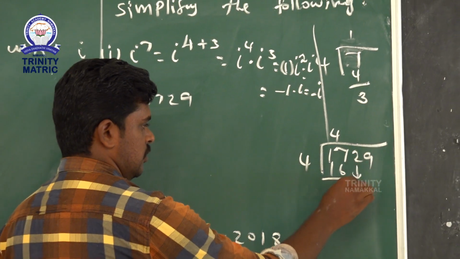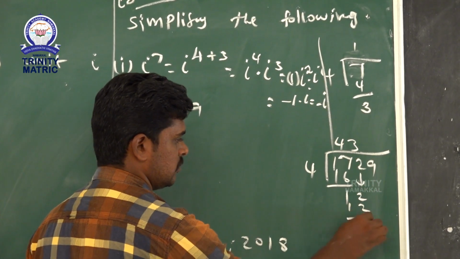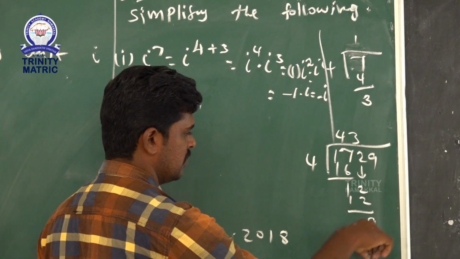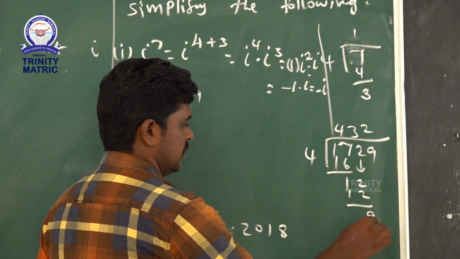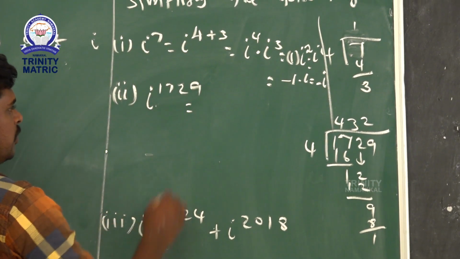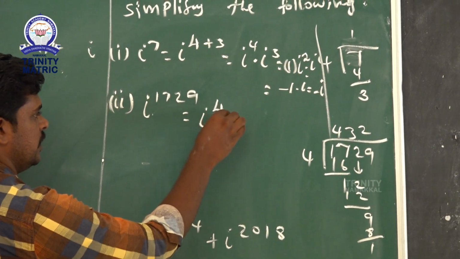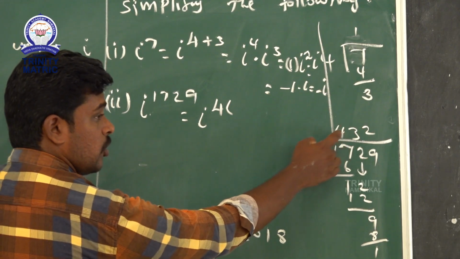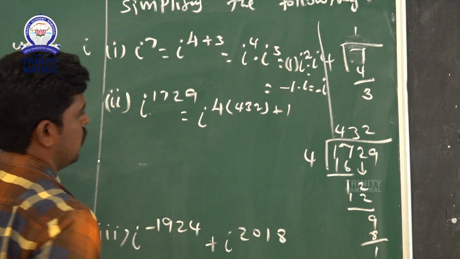Next go to 2. Here 4 threes are 12, next remainder is 0. So next step, 9. Here 4 twos are 8, so the remainder is 1. So i power 1729 can be changed to i power 4 into the quotient value 432 plus the remainder 1.